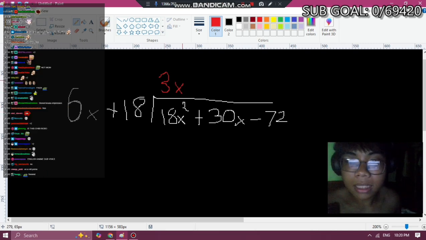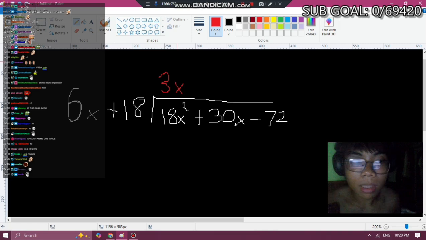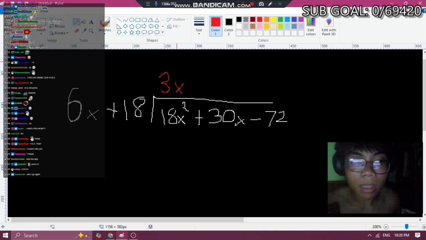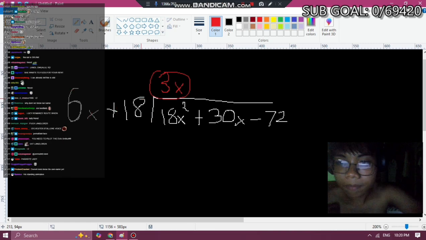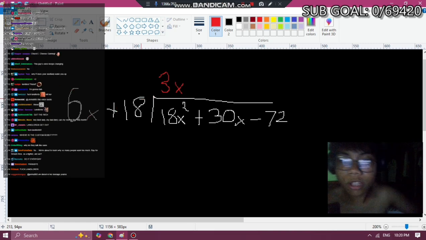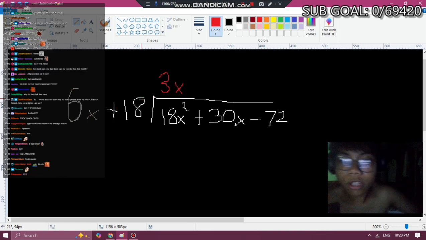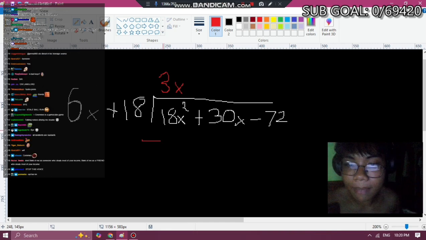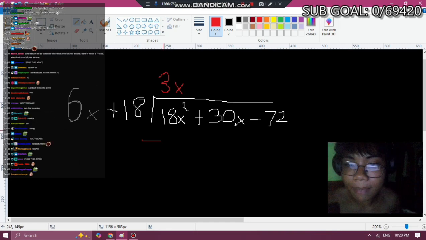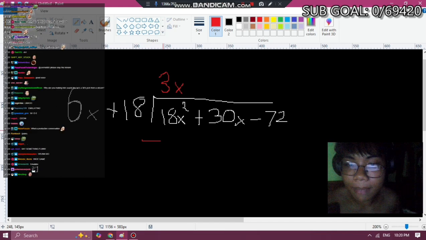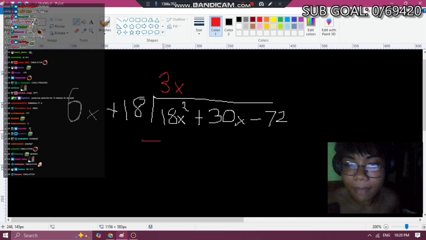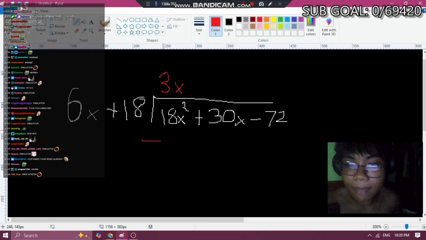All we're going to be doing is multiplying this term, 3x, by these two terms individually. 3x times 6x is going to be 18x squared, because we're multiplying x by x and multiplying 3 by 6. And next, we're going to be multiplying 3x by 18, which is going to be 54x.